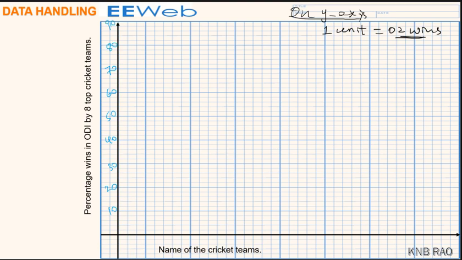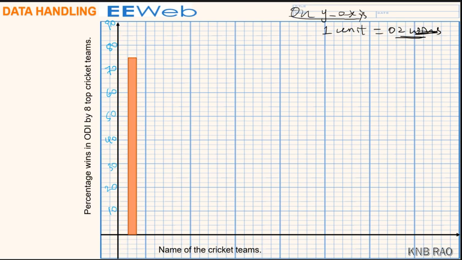Then I am supposed to represent from Champions Trophy to World Cup 2006 the percentage of wins by country. The first country was South Africa, which won 75%. That means here 2 wins are 2%, isn't it?